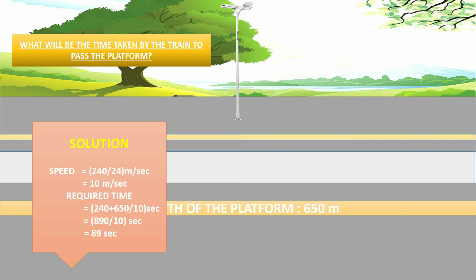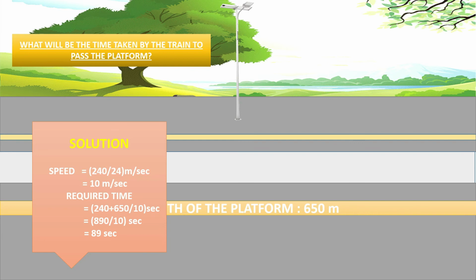The required time is the time taken by the train to pass the entire platform of 650 meter length. So here we have to add the 650 meter along with the 240 meter. 240 is the length of the train, the platform length is 650 meter. So by adding both we will be getting 890. We are going to divide the 890 by 10 meter per second, that is the speed.